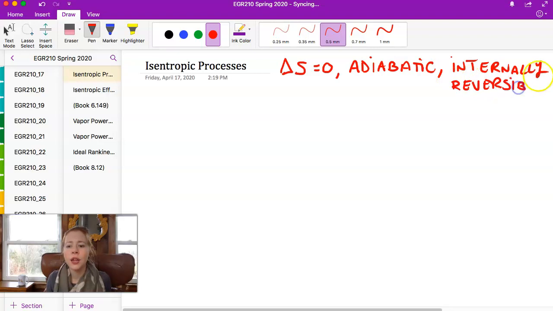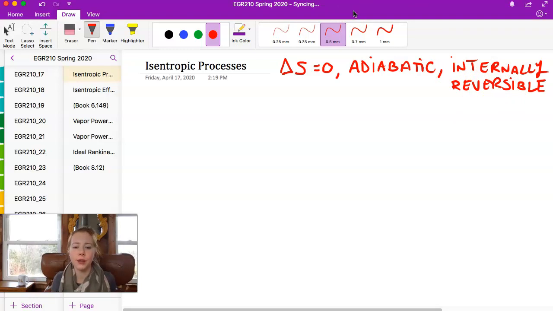That's where you don't necessarily have any entropy production within your system. However, we're going to set this up.